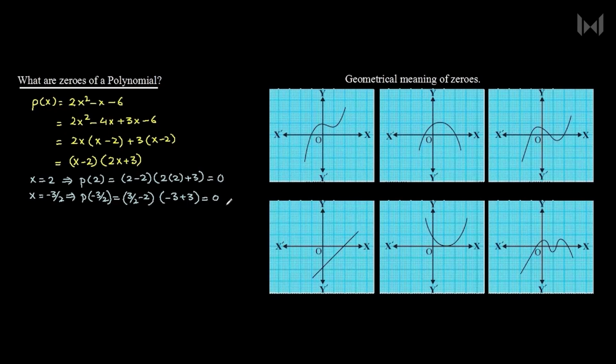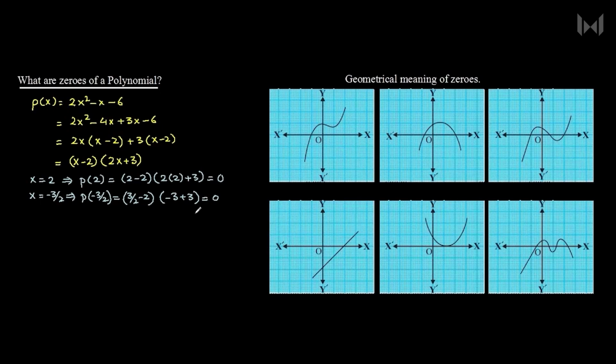So when we talk about the zeros of a polynomial, we are talking about those points on the x-axis where the graph of the polynomial crosses. Zeros are the values of x for which p(x) or y becomes 0, or, geometrically, the points through which the curve of the polynomial passes the x-axis.